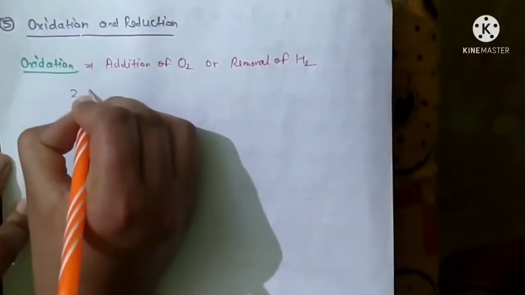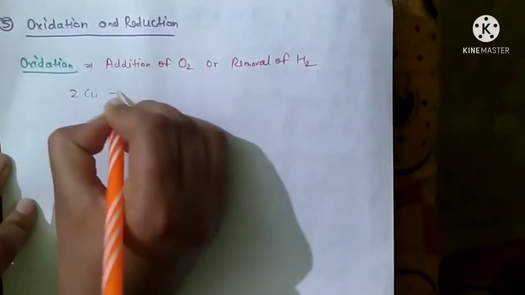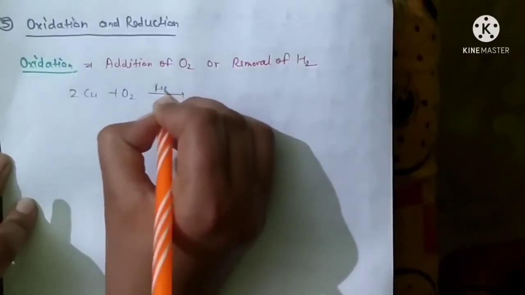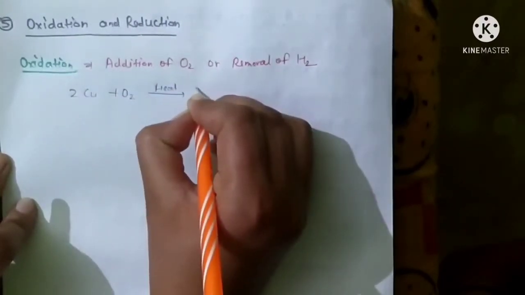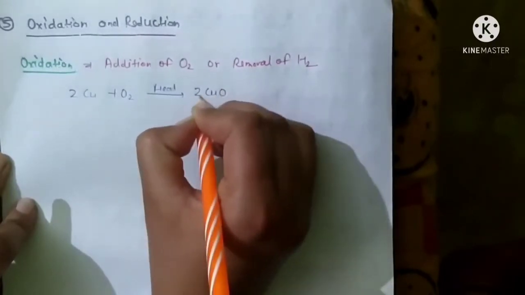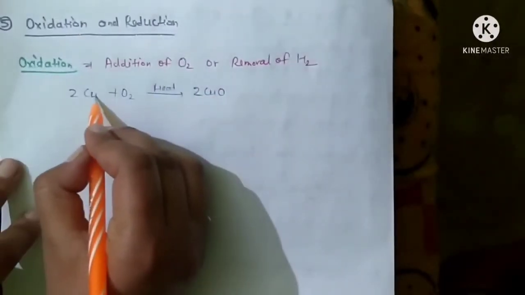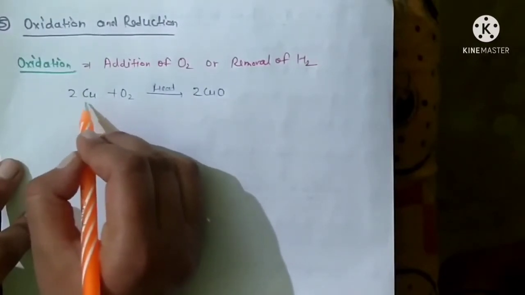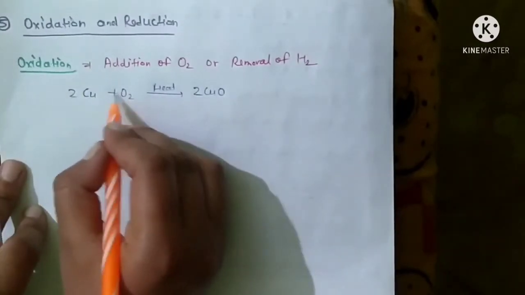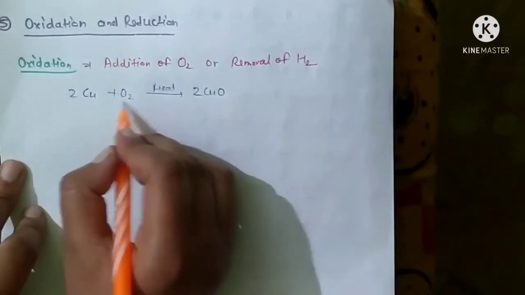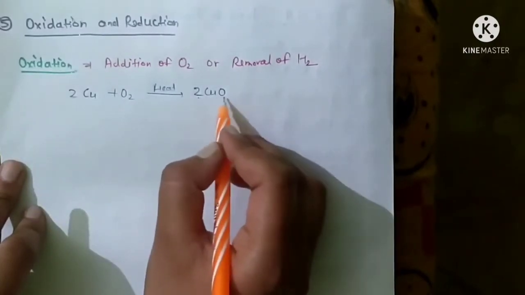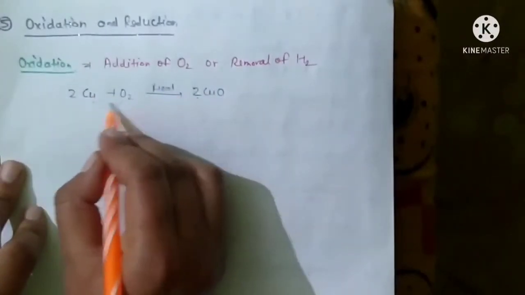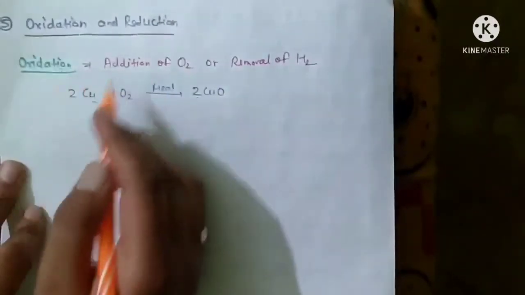Example, 2Cu plus O2, when we heat it, forms copper oxide. So here is only a single copper atom. When it reacts with oxygen, it oxidizes and forms copper oxide. So here oxidation takes place. Addition of oxygen is called oxidation.